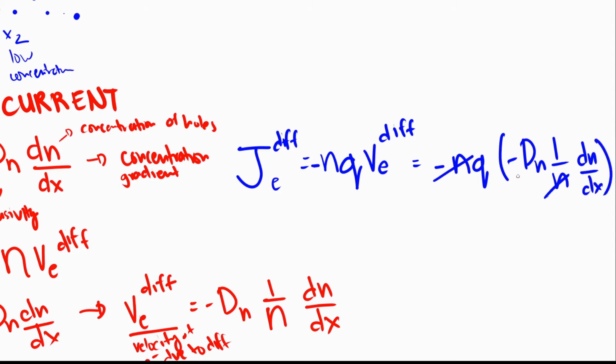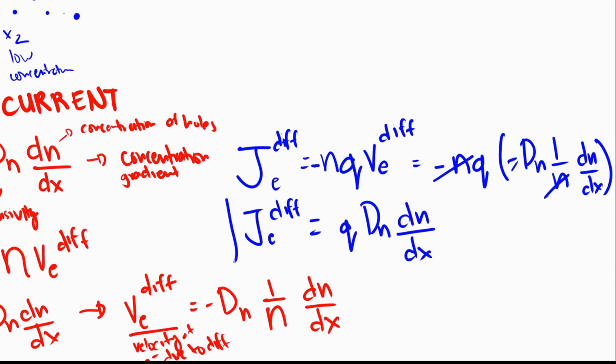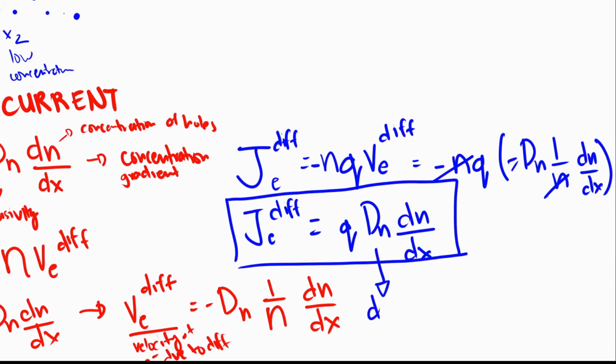Canceling n, we will get J_E diffusion is equal to q Dn dn over dx. So we'll see here that our diffusion current density for our electrons would be dependent on the diffusivity of our electrons and also the concentration gradient of our electrons.